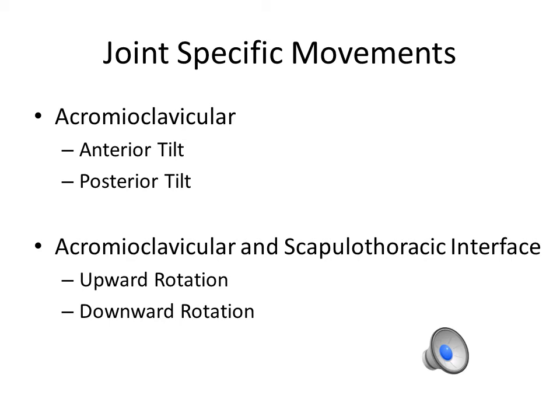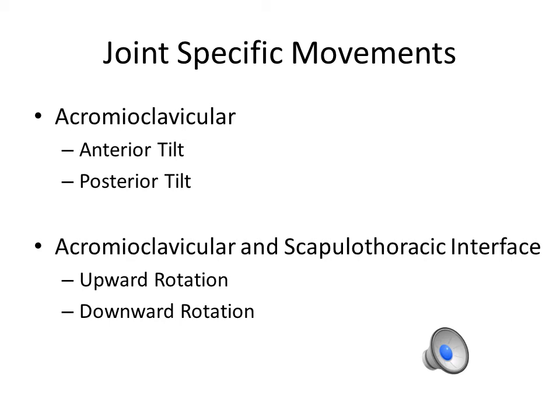Upward and downward rotation is also used to describe movement at the scapulothoracic joint, actually scapulothoracic interface. Upward rotation at the scapulothoracic interface is a rotational movement of the scapula on the thorax so that the inferior angle of the scapula moves superior and laterally.